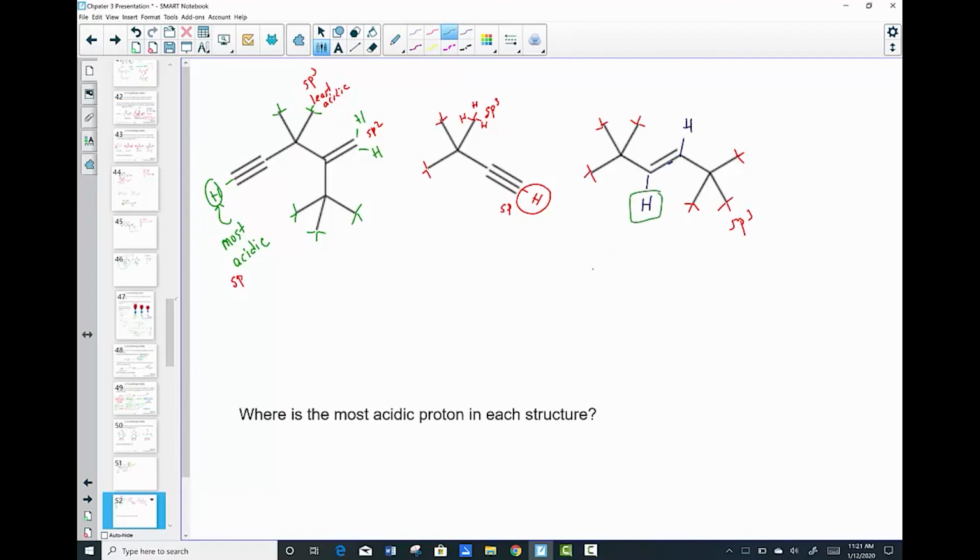They are both sp2. So there's 9 hydrogens that are equivalent in sp3. There are 2 hydrogens that are equivalent in sp2. So, of course, sp2 would be the more acidic proton, but it's exactly the same acidity as this particular proton would have. They're the same.